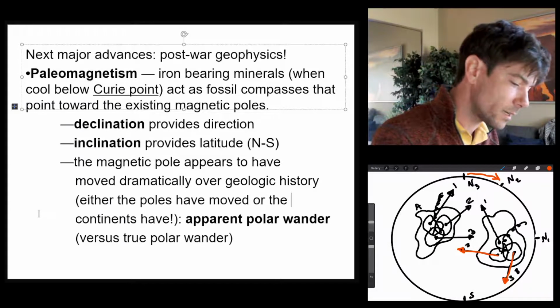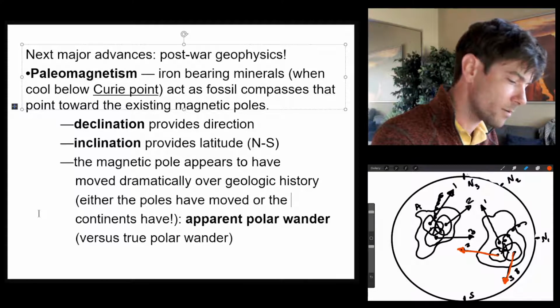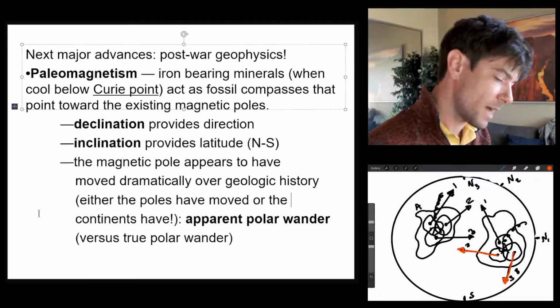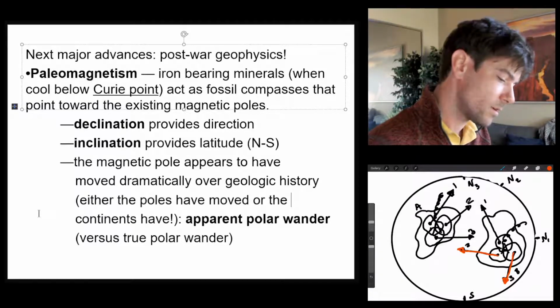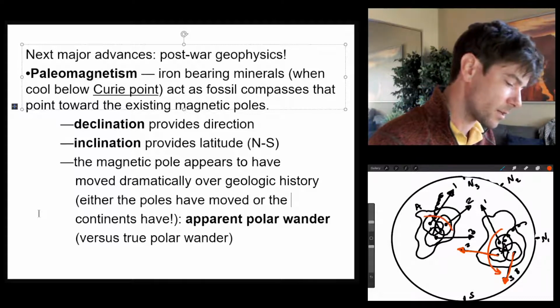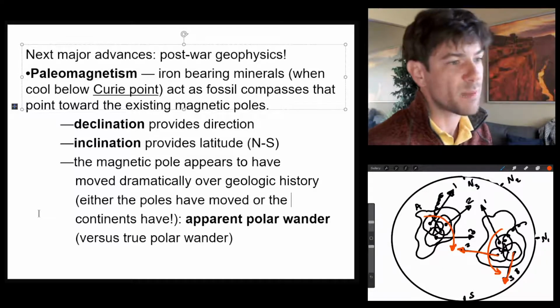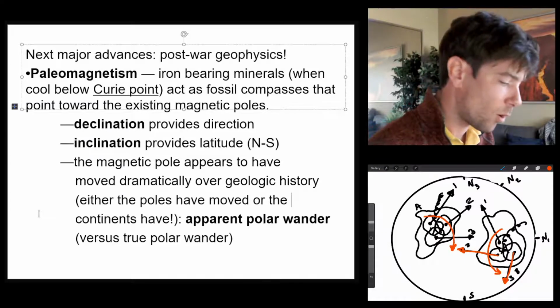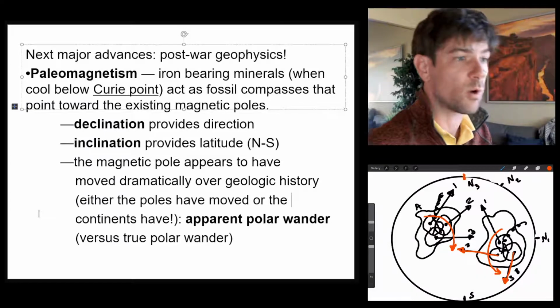The only consistent interpretation for this is that this continent has rotated, right? This continent has rotated this direction, and this continent has rotated in this direction, right? Two independent motions, while the pole remained in one place.